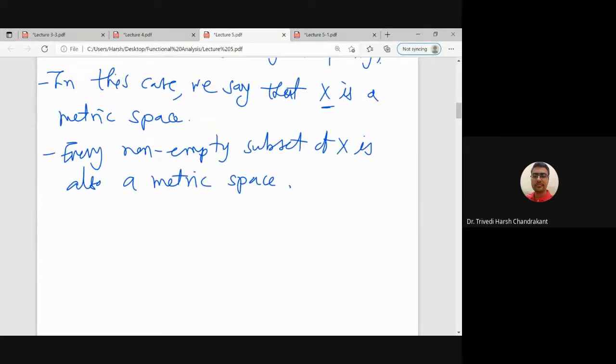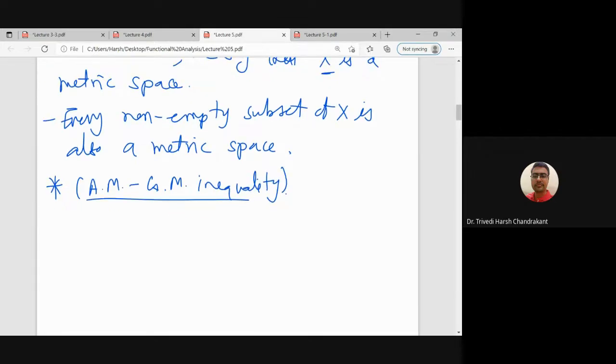Now let us recall one inequality that is known as the AM-GM inequality. It is a very simple inequality. If we have two numbers, root x and root y, and we square the difference of these two, the square is always non-negative.